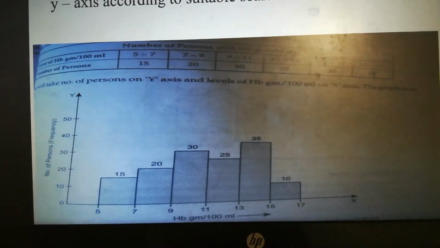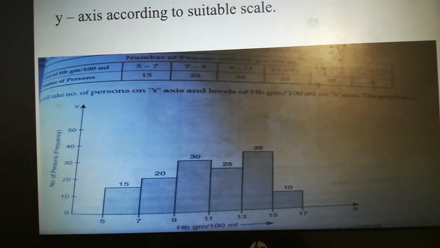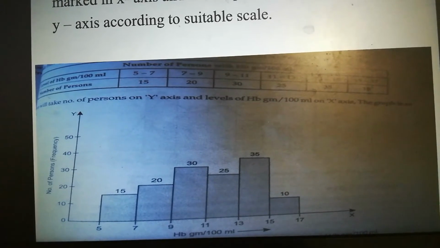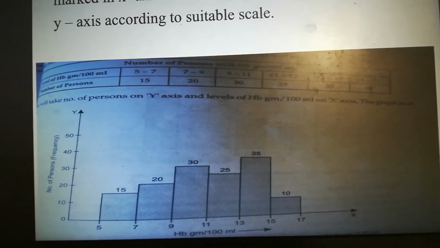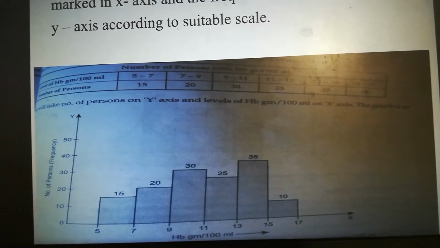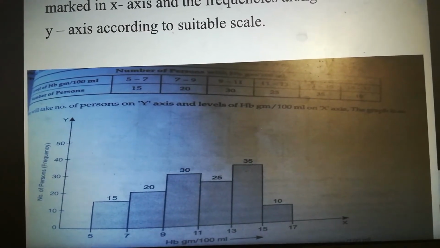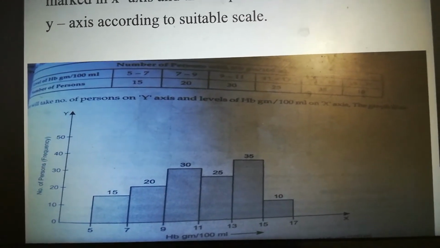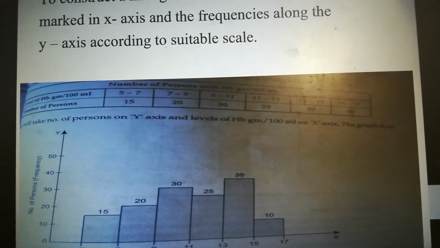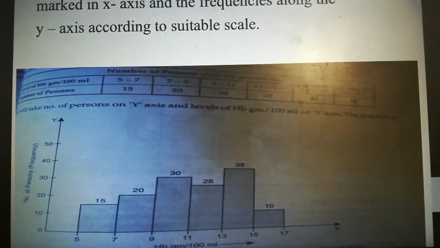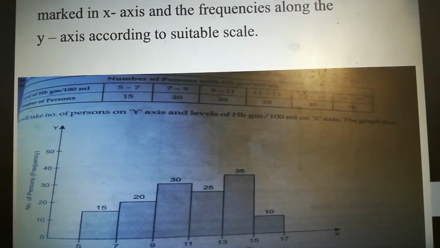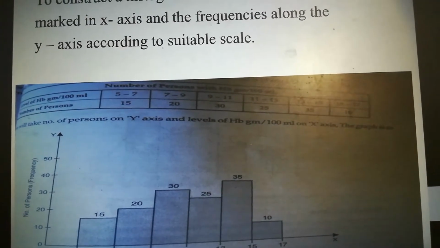The x-axis values are 5 to 7, that is the first class interval. There are 15 people, and on the y-axis we could see 15 represented. The next class interval is 7 to 9, and there we could see that 20 people are there. Frequency is 20.